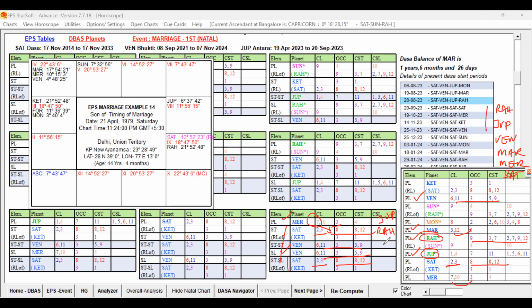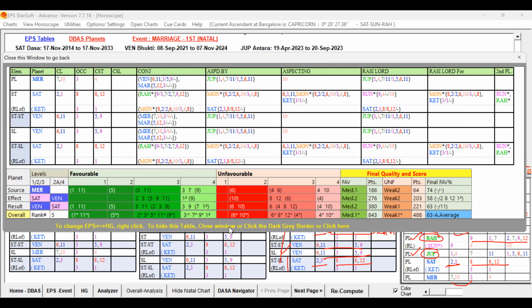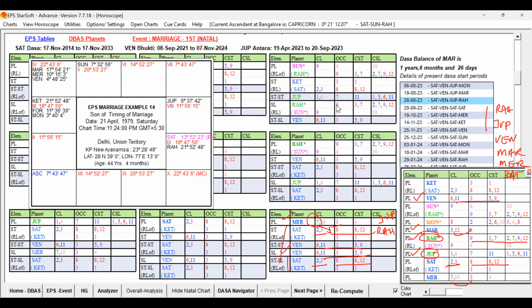Let me check what Venus is having. Venus is having Jupiter. Yes, Venus is also having Jupiter, and Saturn only having that Rahu. The important key planet Rahu is influencing Saturn, supporting.